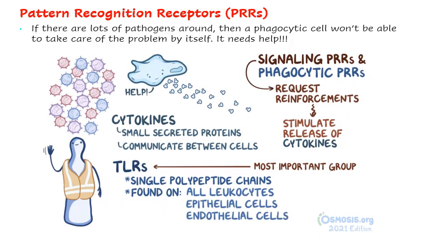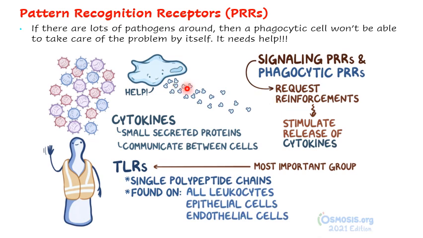Okay. All right, so let's look more into your pattern recognition receptors, right? Remember, you have those signaling PRRs. We looked at the phagocytic ones. Now looking at the signaling PRRs, they're going to produce those little molecules that are going to be secreted, dumped into the environment. And these molecules are going to start calling on their friends, other cells, to come along and reinforce their attack, okay? Because they need help.